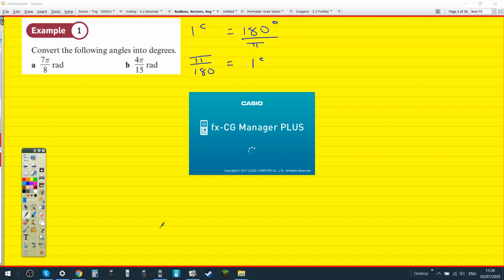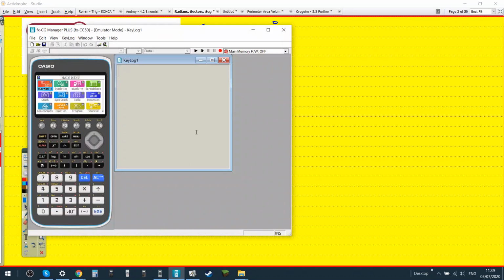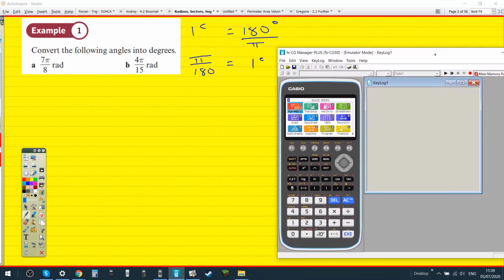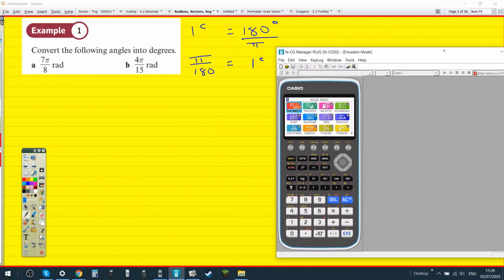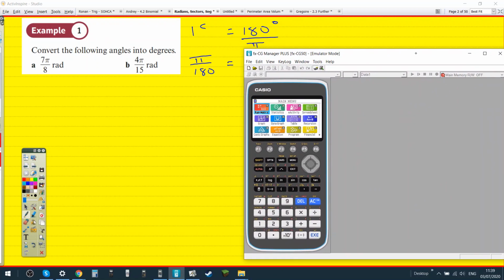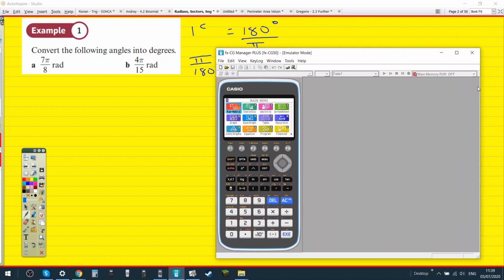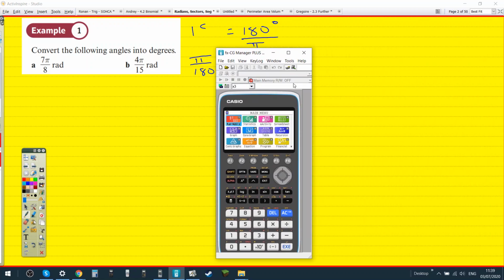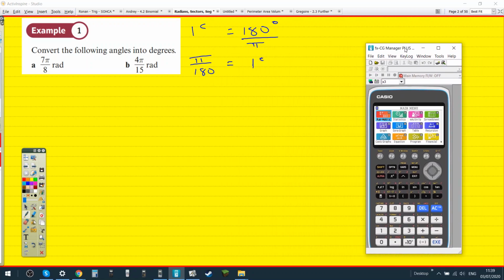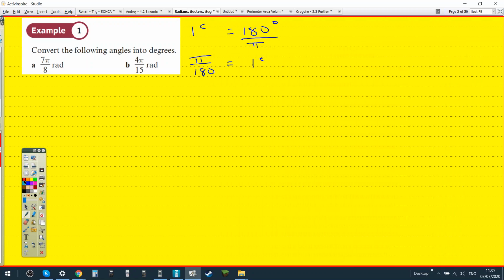We need to do 7 pi over 8 divided by 180 or something. So what do you have to do to 1 radian to turn it into 7 pi over 8 radians? Times it by 7. Just times by 7 pi over 8.